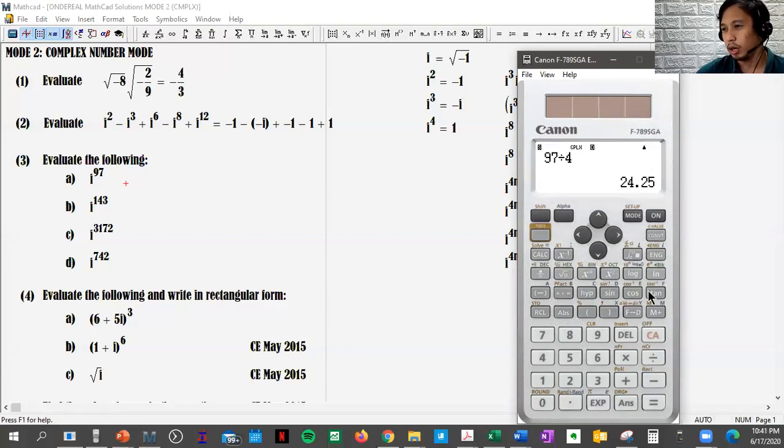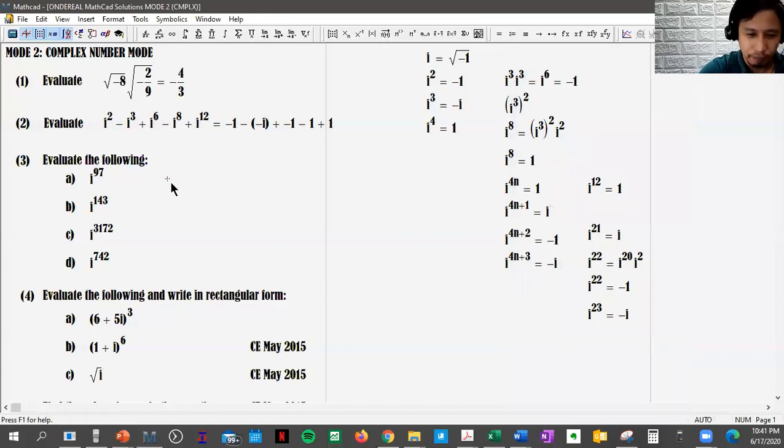Okay? Or in mixed fraction, that is 24 and 1/4. Well, what does that mean? That means that 97 is equal to 4 times 24 plus 1. All right? So it's like we are raising that to 1. No, i raised 1. And that's equivalent to i, of course.